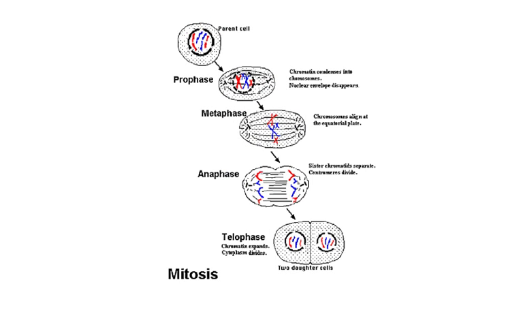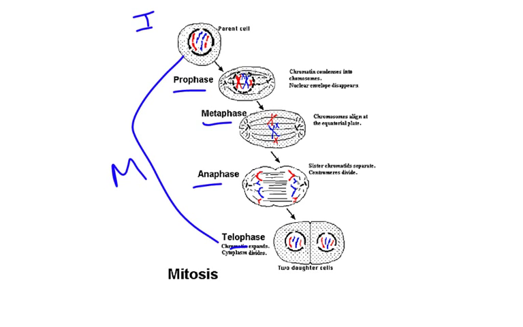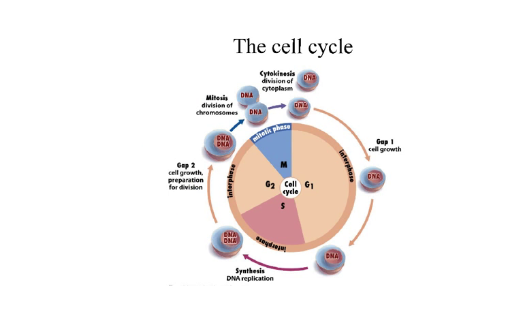Just to review, we're starting at inter and then pro, meta, ana, telophases. These on their own make up the M phase of mitosis, separate from interphase. Then, just to revisit the whole process, we've got the formation of the new cell. It then travels through G1, that's growth. S, this is synthesis, copying the DNA.